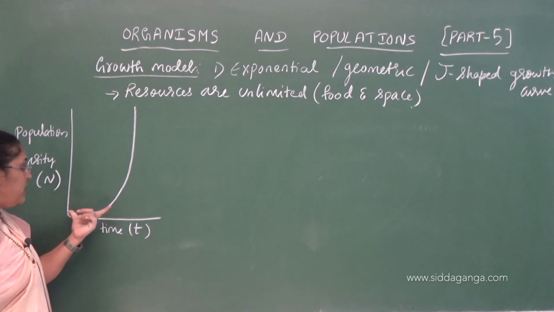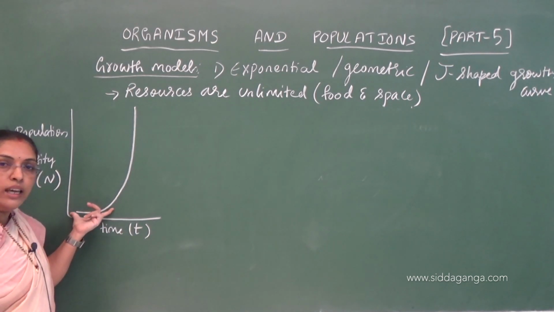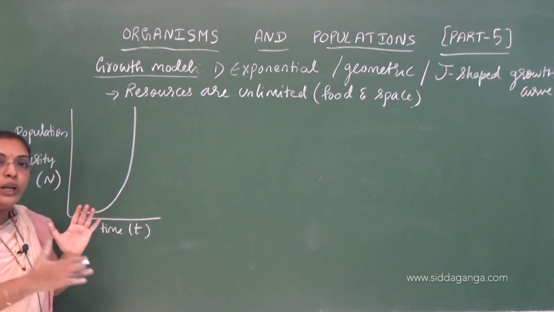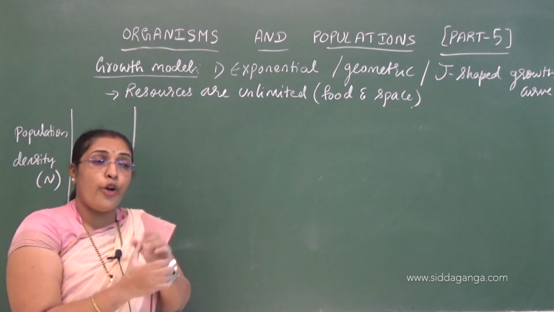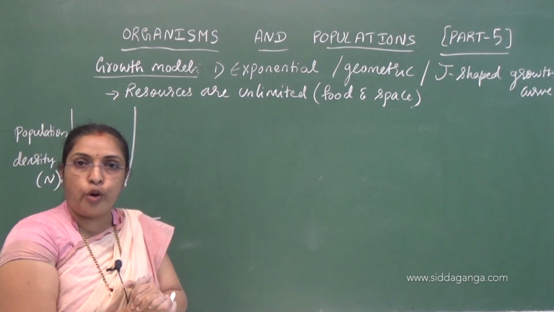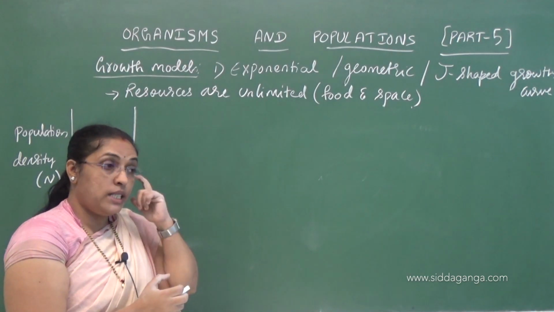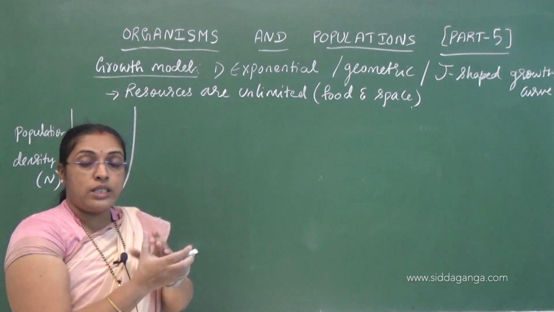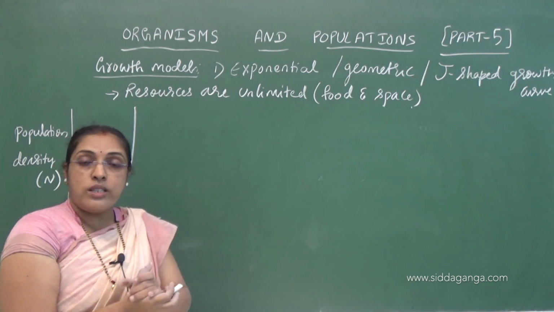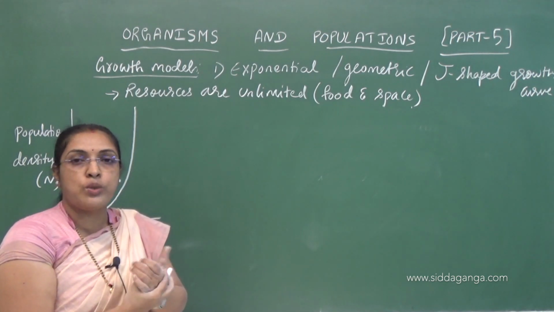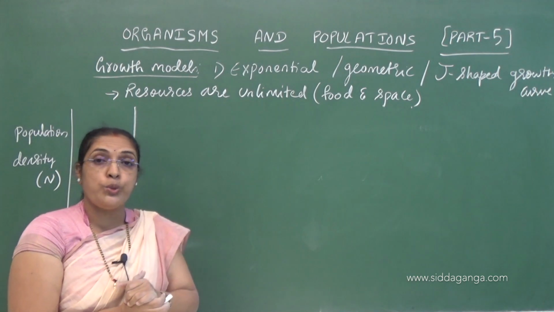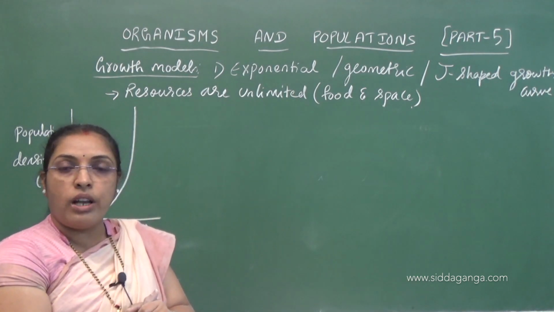Why do we see a lag phase initially? Here the organisms take time to adapt to their external environmental conditions. In the last class we discussed that natural selection works at the population level only.